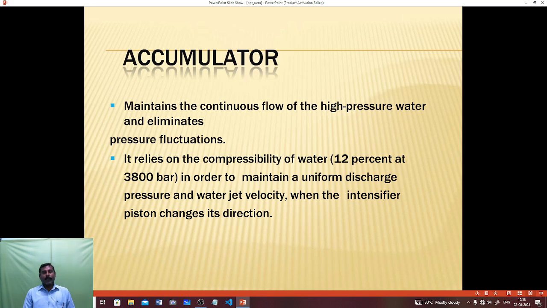The accumulator maintains the continuous flow of the high pressure water at pressure locations. It relies on the compressibility of water, 12% at 3800 bar, in order to maintain a uniform discharge pressure and water jet velocity when the intensifier piston changes direction.